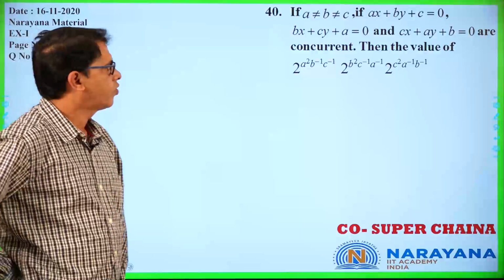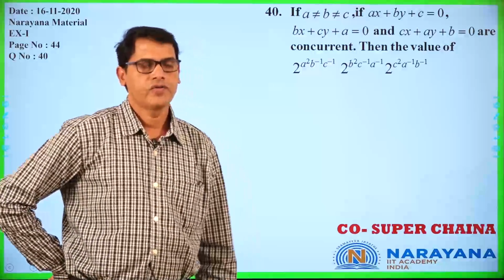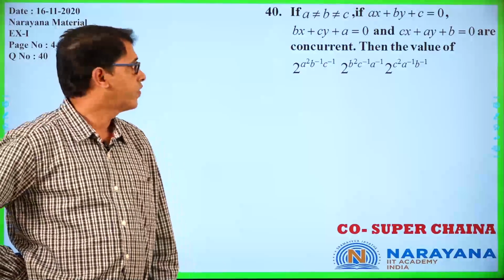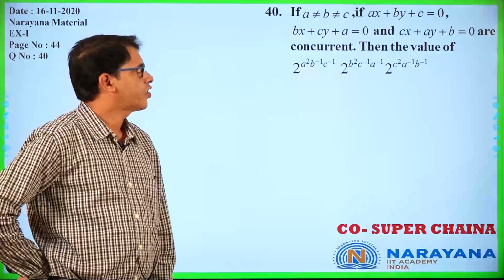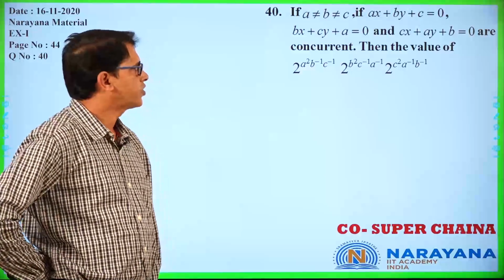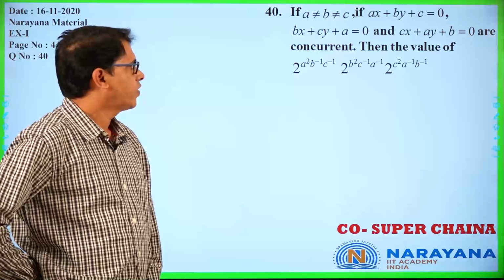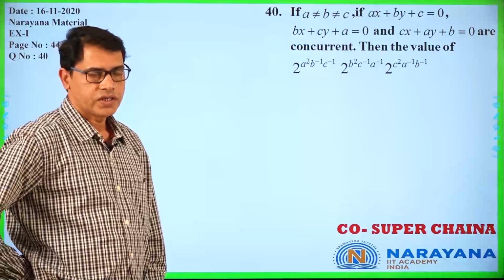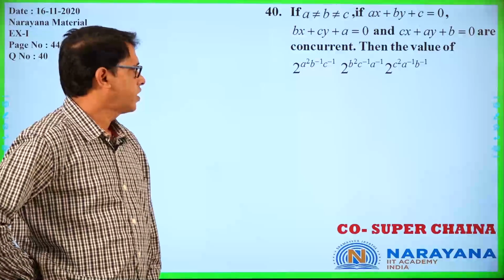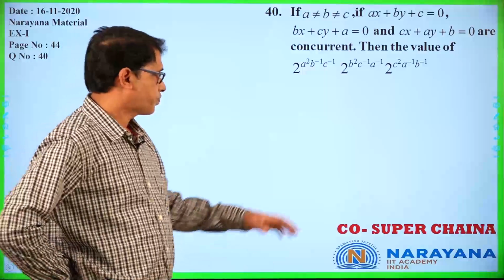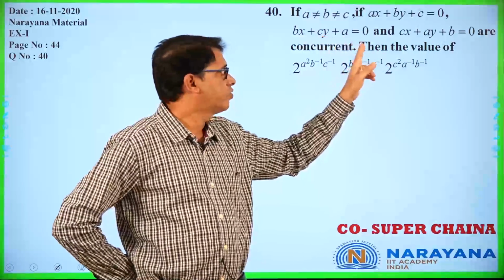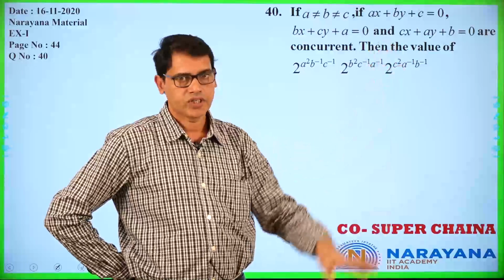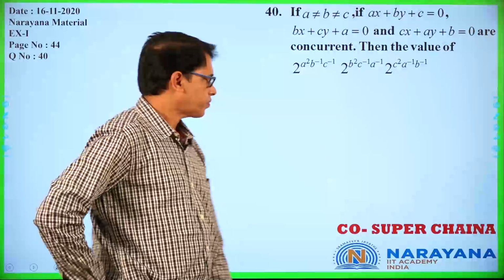Next one. Go through the question. A not equal to b not equal to c, and three lines are concurrent again. If the lines are concurrent, as I said just now, the determinant of a1 b1 c1, a2 b2 c2, a3 b3 c3 must equal 0.